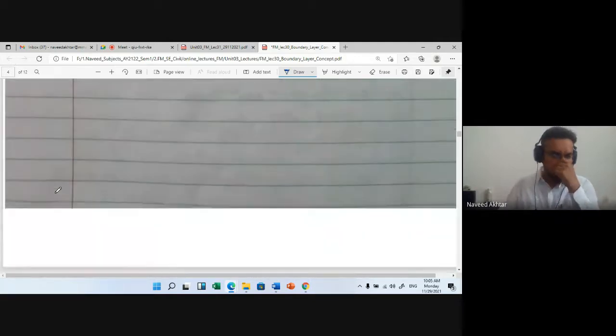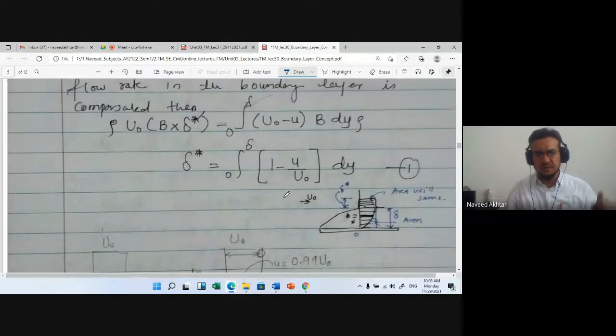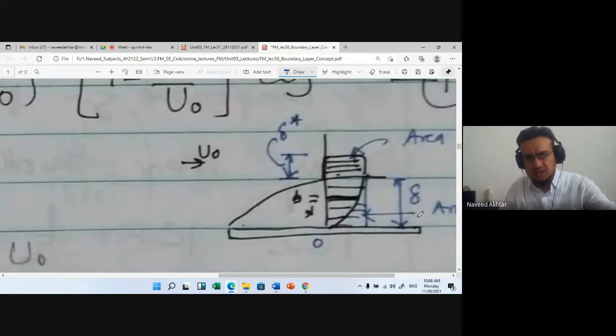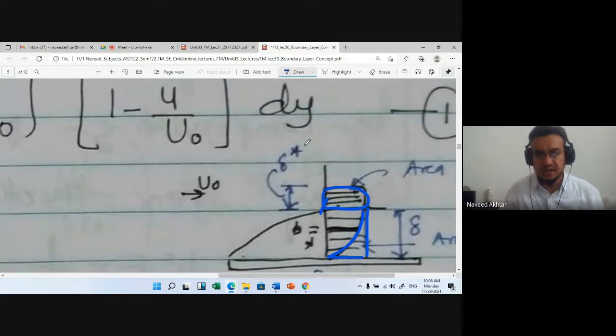We also discussed how the displacement of the boundary layer is done. You can see this same area. Due to the retardation of the velocity, it pushes back or displaces the boundary. The boundary layer is here, but it is pushed by the distance del star due to this retardation, and that displacement is denoted by delta star.